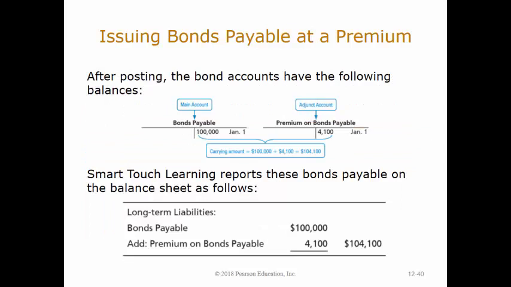After the entry posts, the T accounts have a credit balance for bonds payable of $100,000 and a credit balance for premium on bonds payable of $4,100. The net carrying value of $104,100 will be reported on the balance sheet.